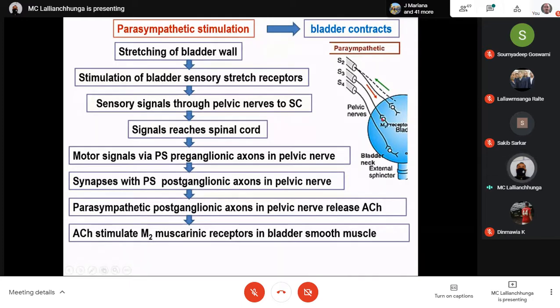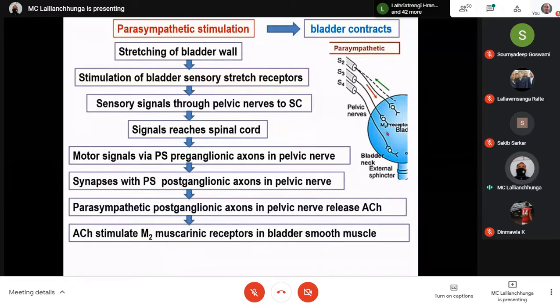The neurotransmitter involved is acetylcholine. In case of sympathetic stimulation, it was noradrenaline, and sympathetic nerve fibers stimulate two types of receptors, beta-2 and alpha-1, and the effect is opposite. One causes relaxation, and another causes contraction of the urethral sphincter.